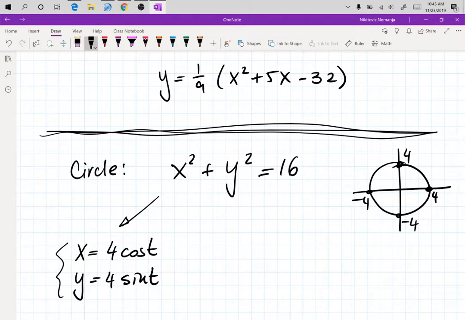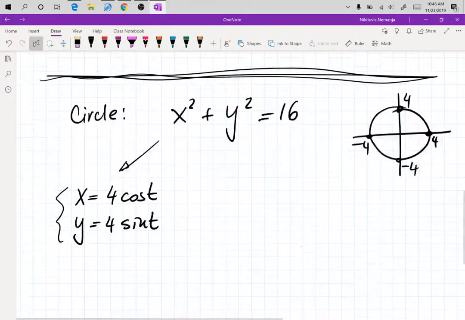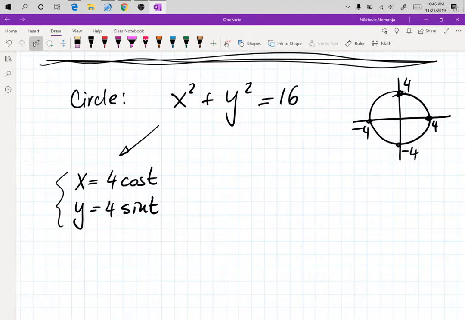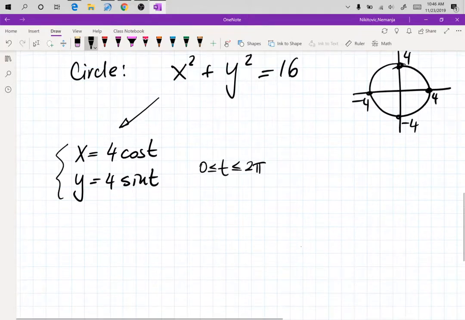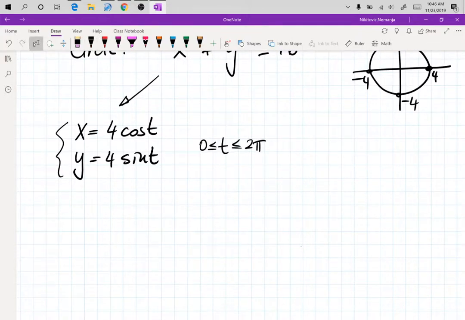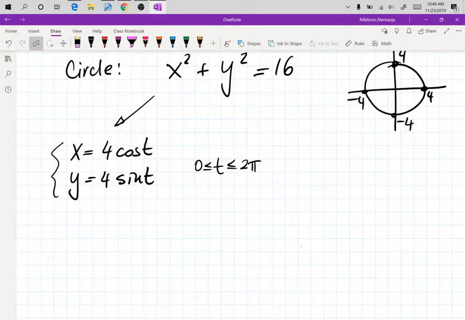And you have a parametric representation of the equation of the circle as these two equations. They provide the same shape, the same picture. Now we have to specify that this t lives between 0 and 2 pi. So these are the same.